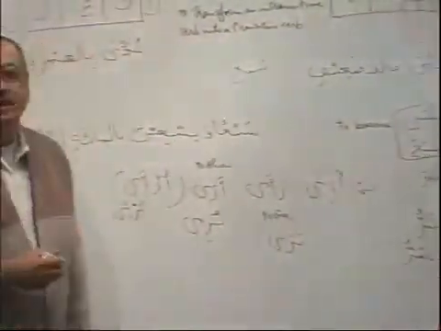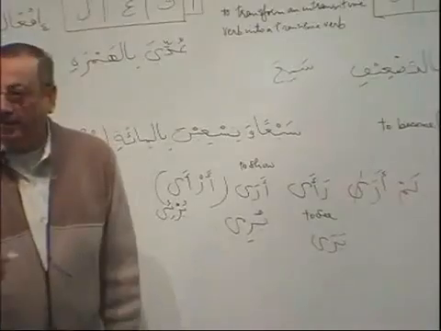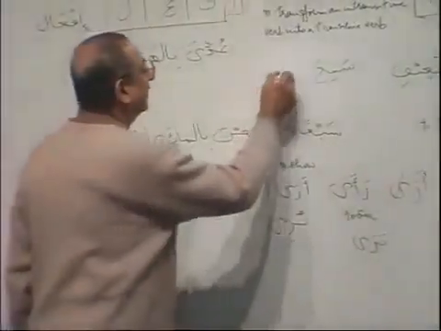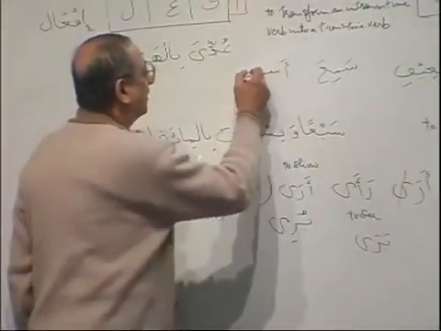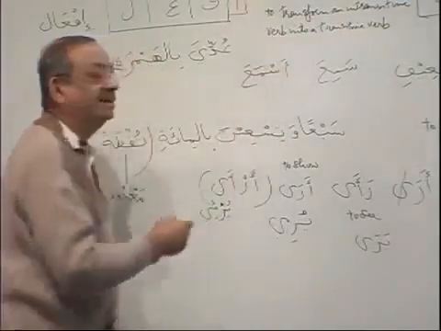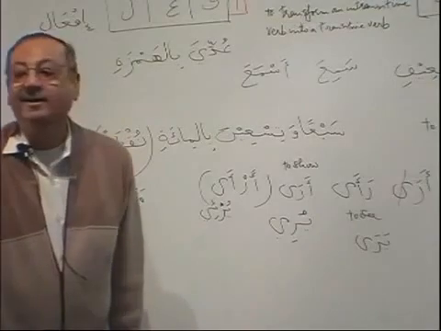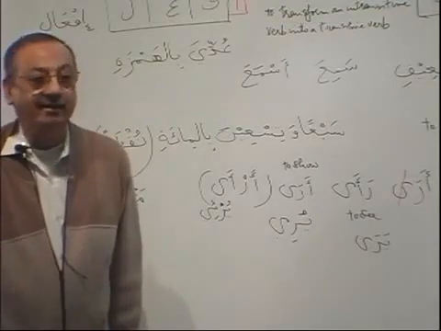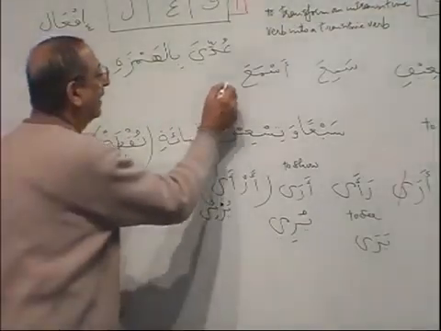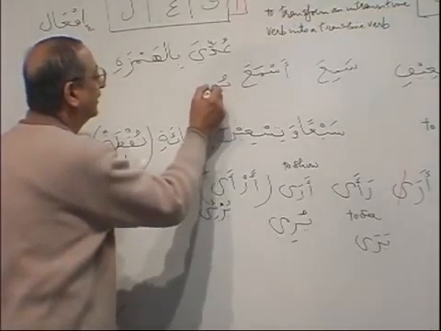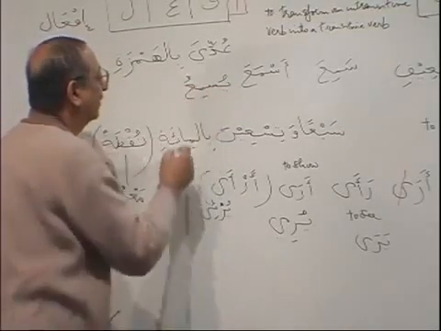What is the meaning of Samia? He heard. Bring it into form 4. What is the meaning of Asma'a? He made someone, another person, hear. What will be the mudari'? Yusmi'u.